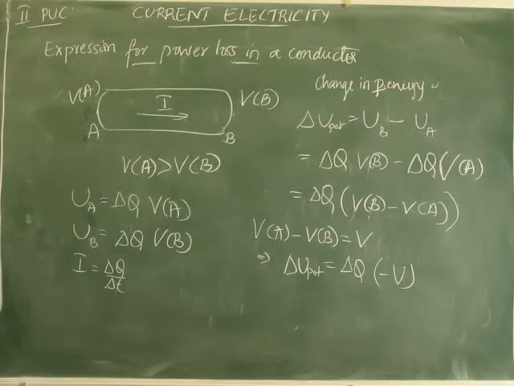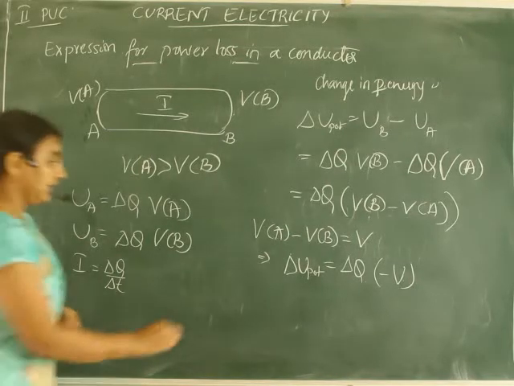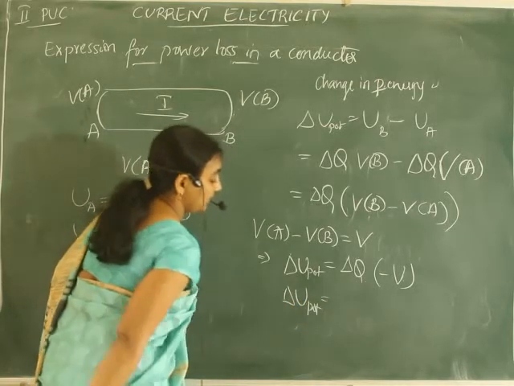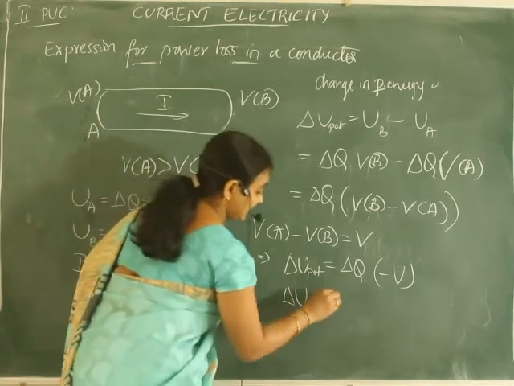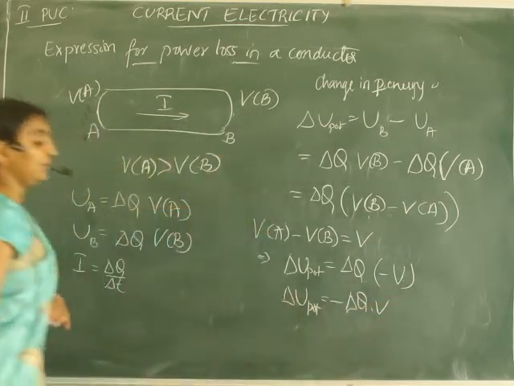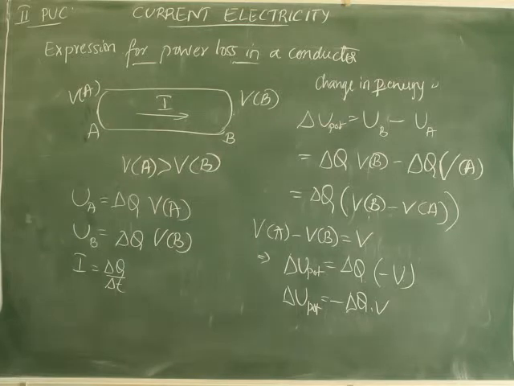Am I right? Therefore, the change in potential energy is equal to minus delta Q into V.